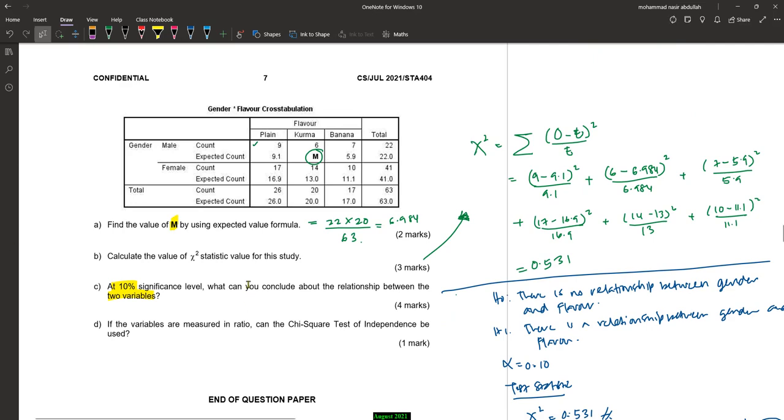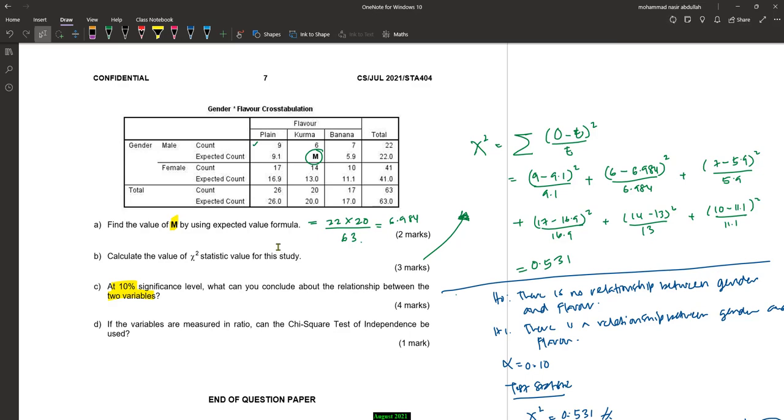I think that's all. If the variables are measured in ratio, can the chi-square test of independence be used? Yeah, ratio is numeric, right? For categorical variables, we only have nominal or ordinal.